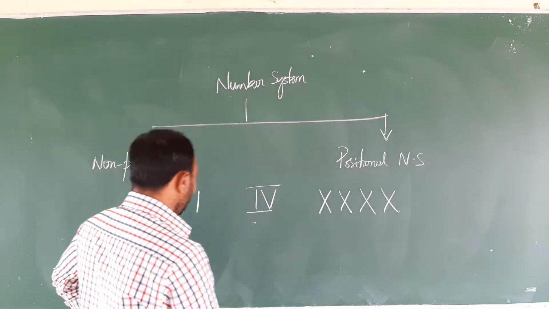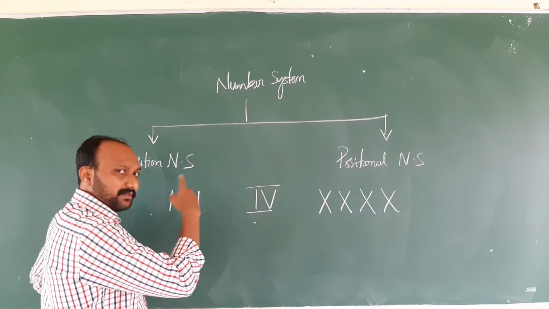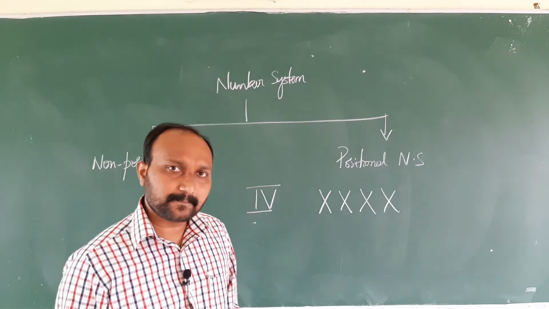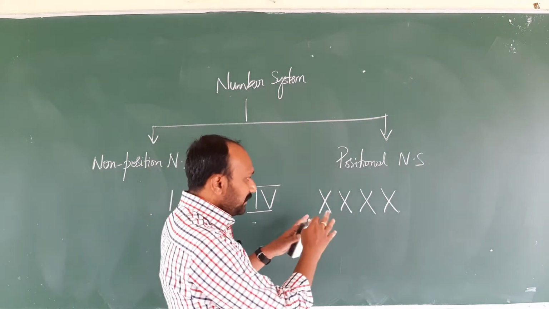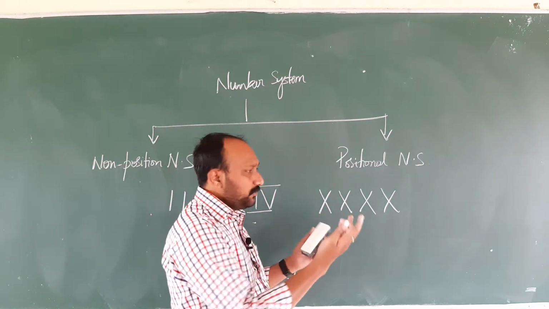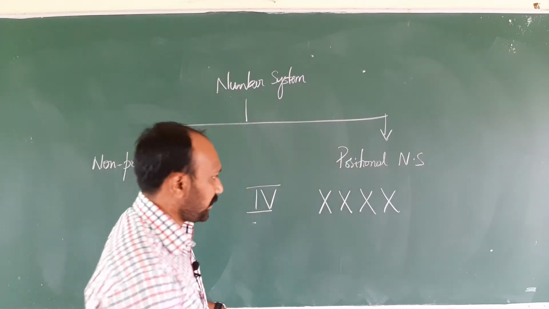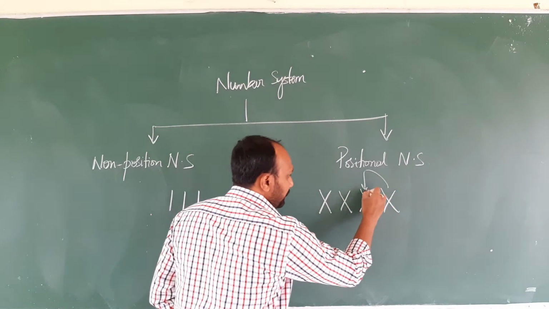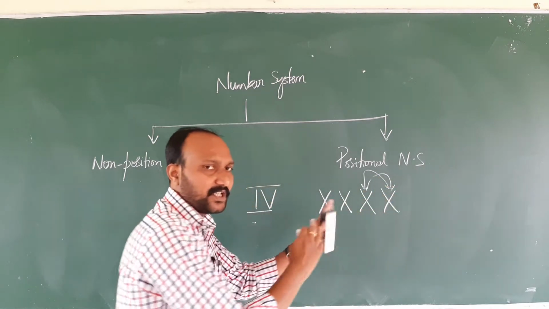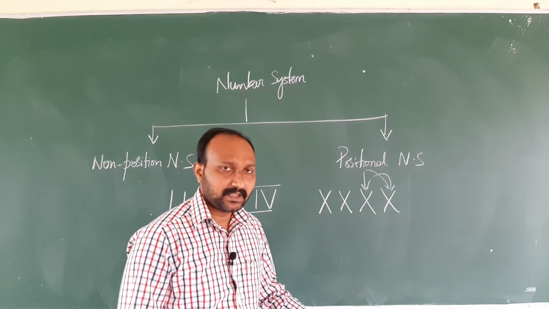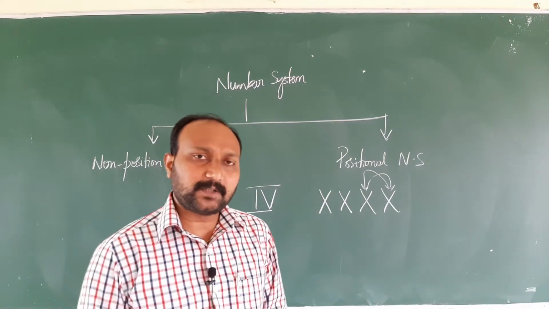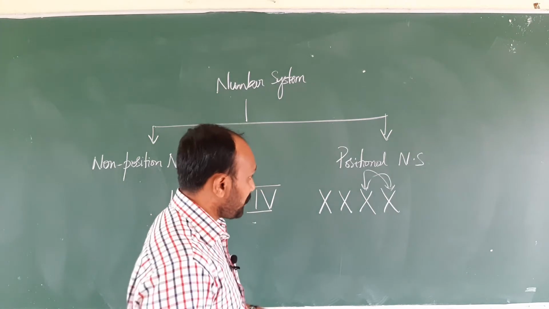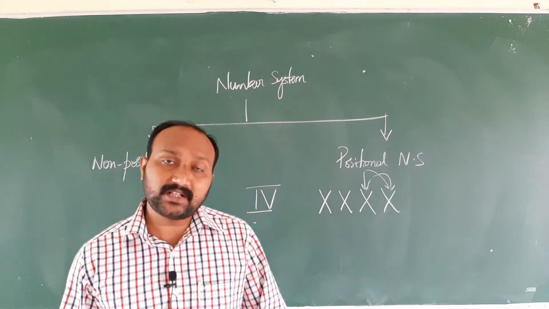So here, in non-positional number system, we will be taking the help of certain symbols. These symbols, their value won't change depending upon the position. If I replace this particular symbol here and I replace it with here, if I interchange them, is it going to change the overall value of that particular number? No impact will be there. So that's why they are referred as non-positional number system.